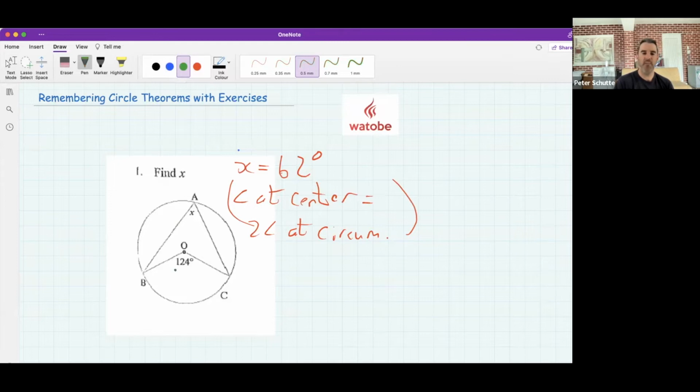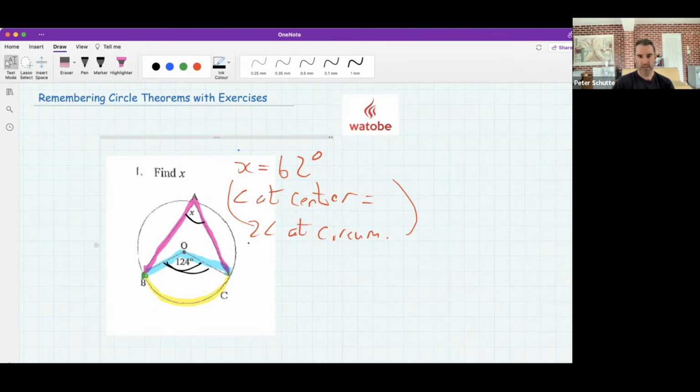And the way we visualize this theorem is we think of the arc between B and C, or a chord between B and C, and the angle that's made at the center is that one. And then using that same arc, we make an angle at the circumference. And you can see the angle at the circumference is smaller, and it's smaller because it's actually half of this one. So X is 62.